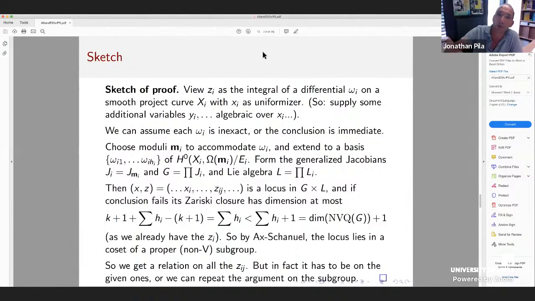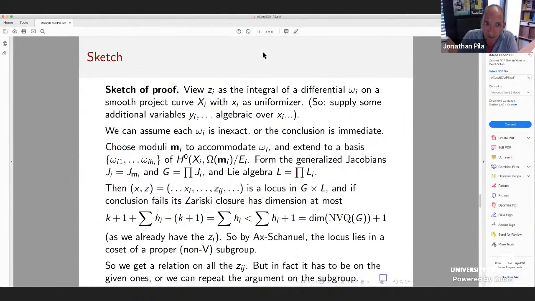And of course, introducing all these extra variables yi doesn't change the transcendence degrees of the fields. And we can also assume that each omega I is an inexact differential, or the conclusion is immediate, that you just immediately have that condition just on that omega I, that it has an algebraic primitive.